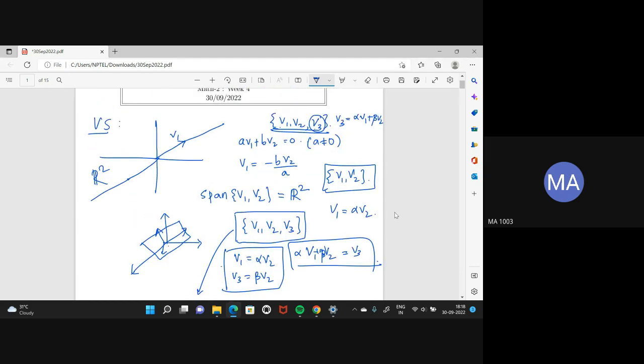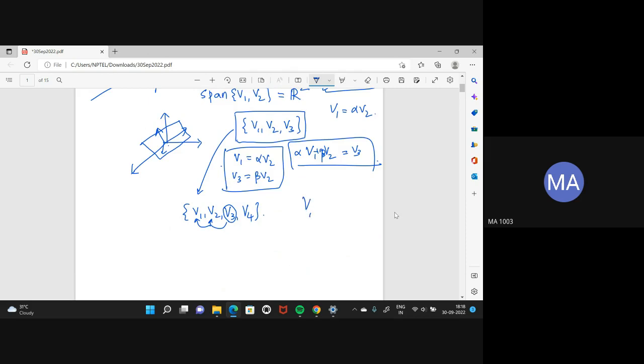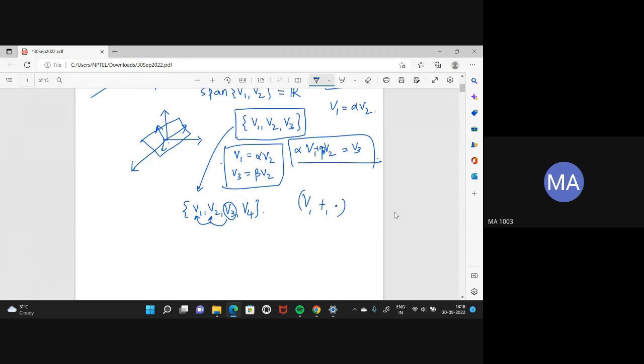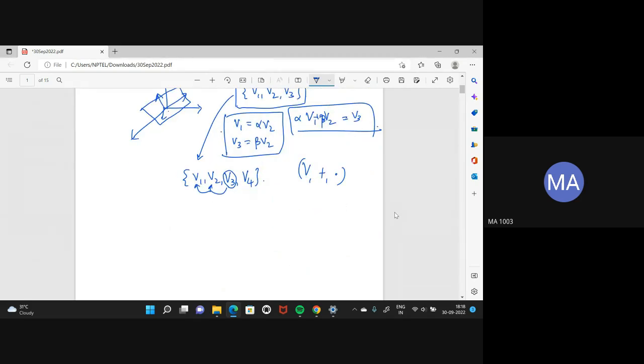So you all recall what a vector space is? A vector space is nothing but a set with two operations, addition and scalar multiplication, that satisfies a list of 10 conditions. Closure with respect to addition, closure with respect to scalar multiplication, 4 conditions with respect to addition, and 4 conditions with respect to scalar multiplication.